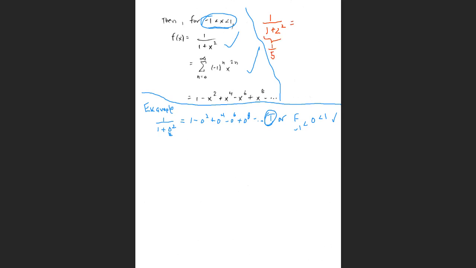But if we use the power series, we'd have 1 minus 2 squared plus 2 to the 4th minus 2 to the 6th plus 2 to the 8th minus dot, dot, dot.